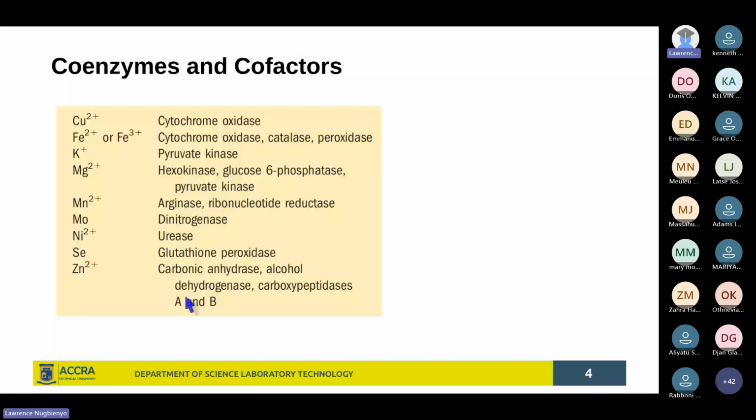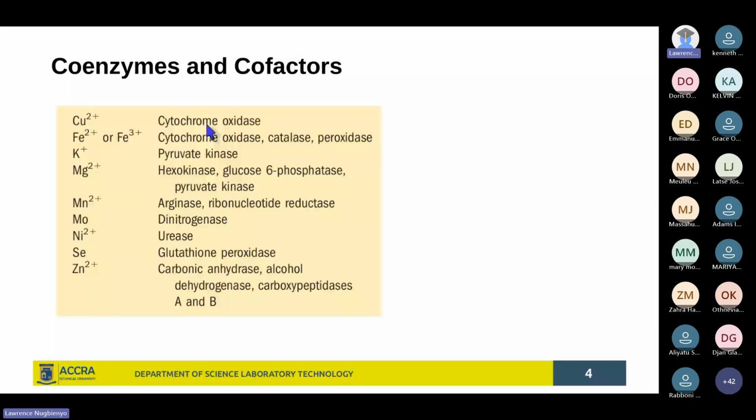Really, it's not something to cram into your head. For example, copper ions serve as cofactors to cytochrome oxidases, and ferric ions serve as cofactors also to cytochrome oxidase. So you can see there is some overlapping.